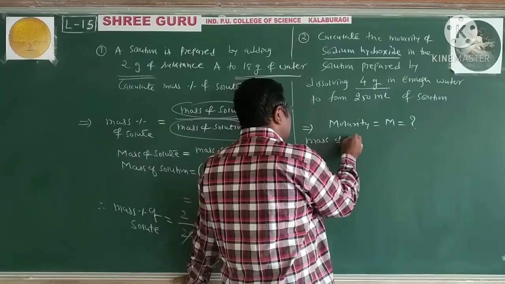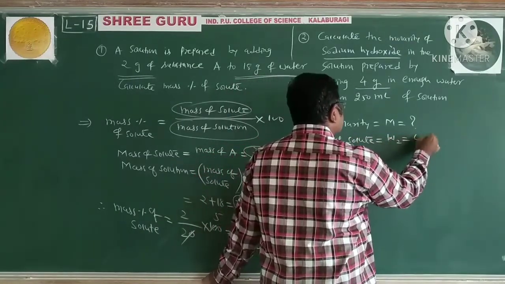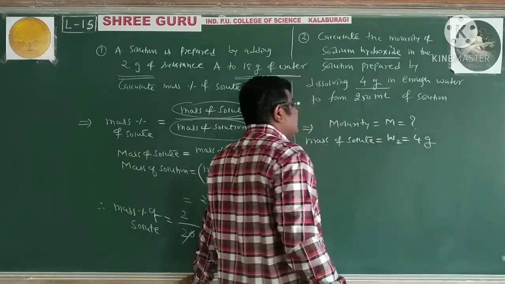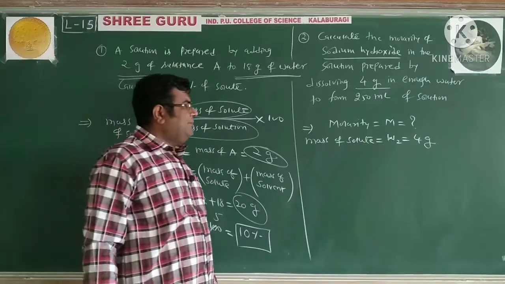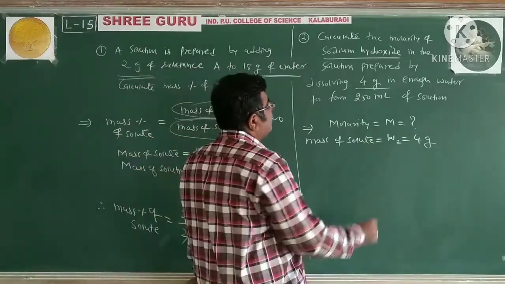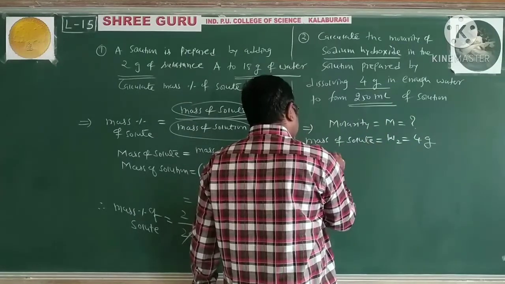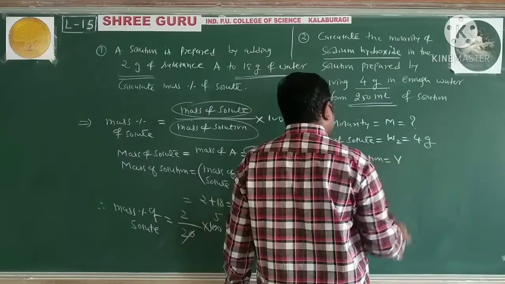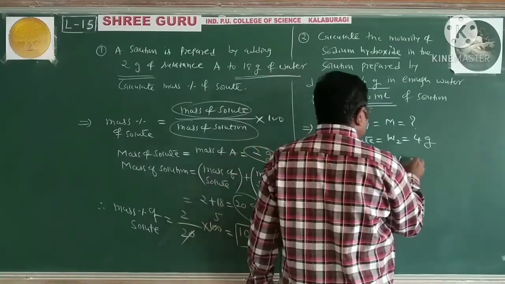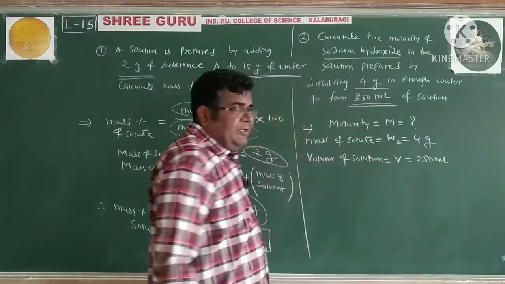So mass of solute, which is nothing but mass of sodium hydroxide, written as W2, is 4 gram. This is the volume of solution. Volume of solution, which is V, equals to 250 milliliter.